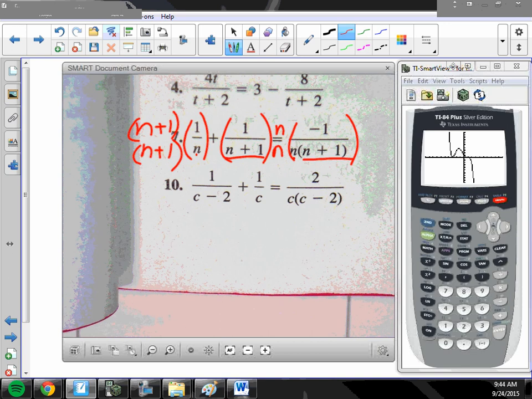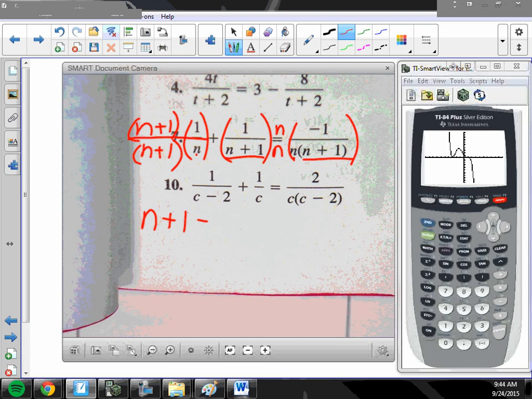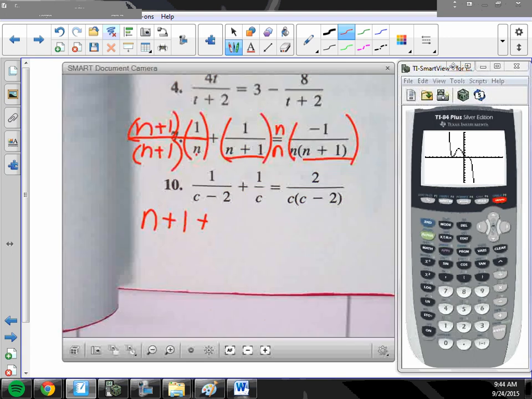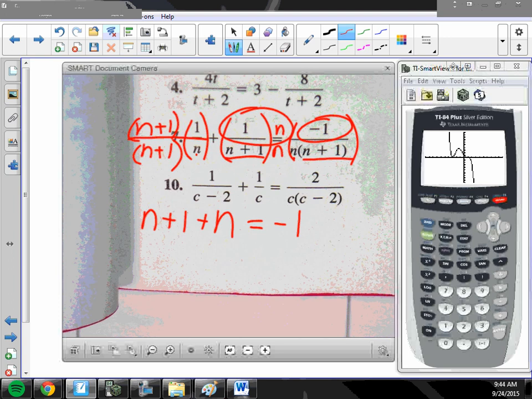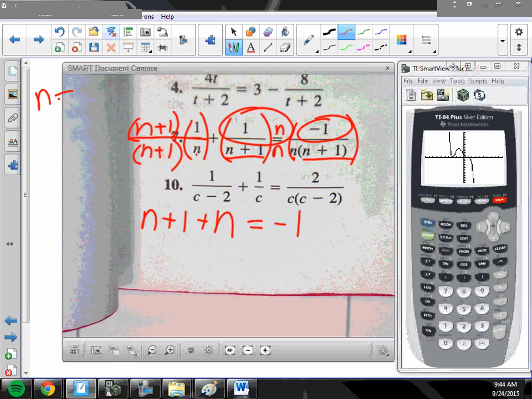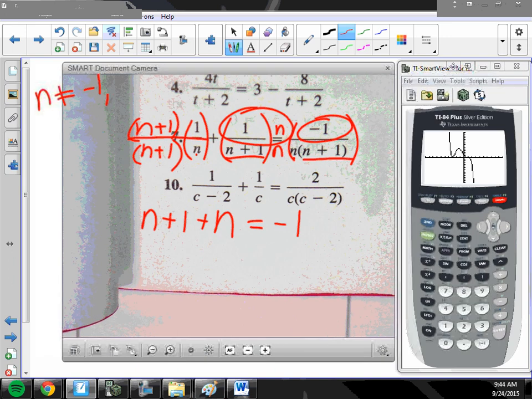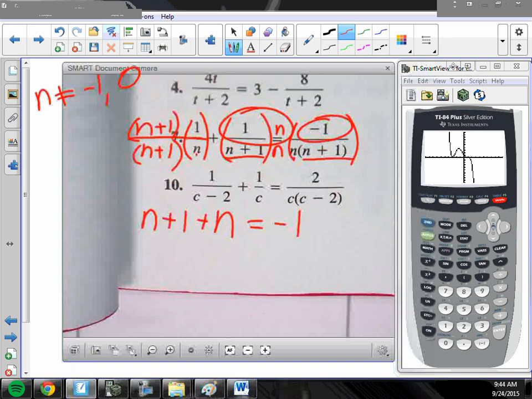Okay, so this first one gives me n plus 1 plus this one gives me n equals, that one's already negative 1, and I can drop the denominator as long as I remember n is not allowed to be negative 1 or 0, because both of those would give me an undefined function.